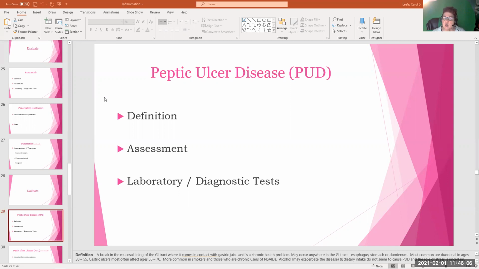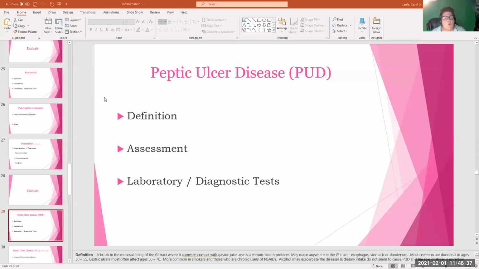If it looks more coffee ground, kind of black and clotted, that means it's a slower bleed, and they could probably get a handle on it, as opposed to something that's vigorously bleeding with frank red blood being sucked out. And those are usually ulcers in the upper stomach.